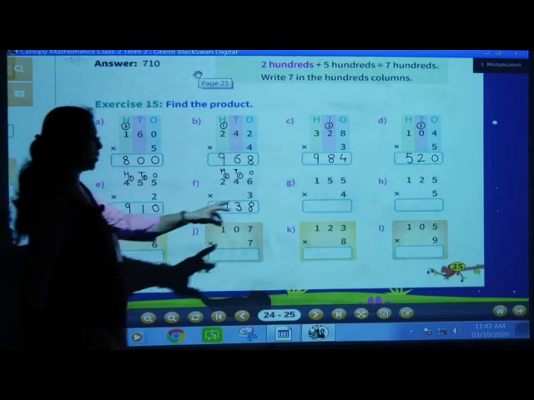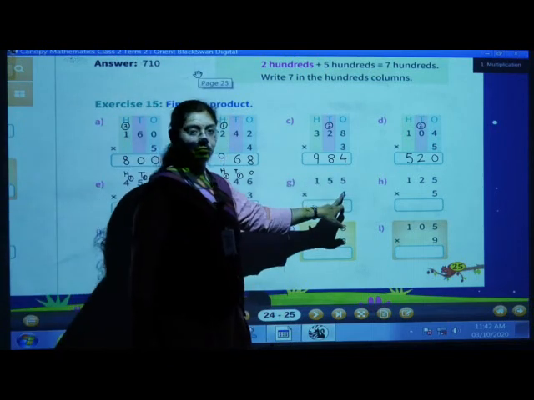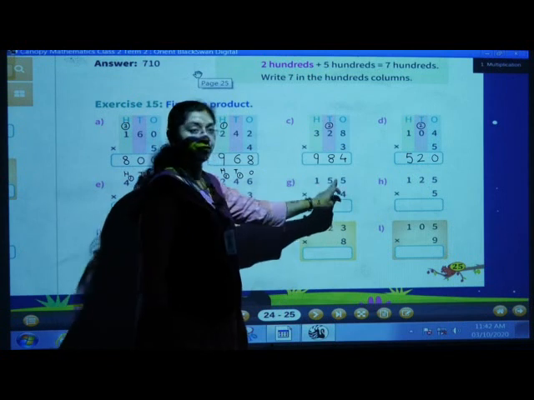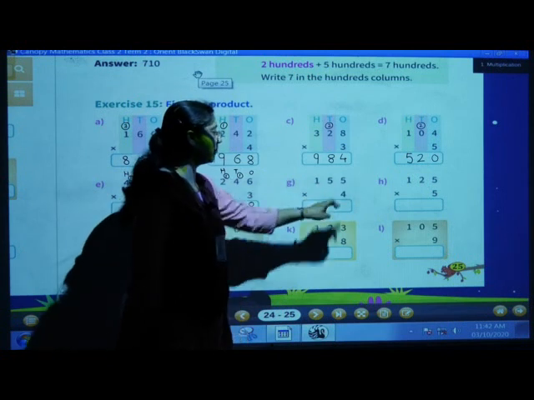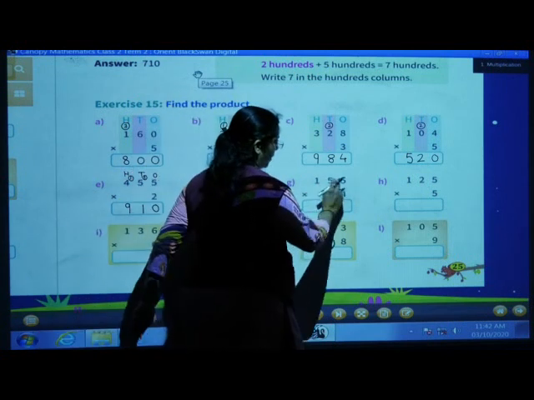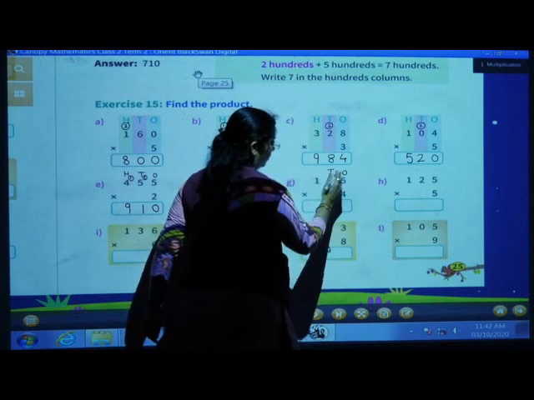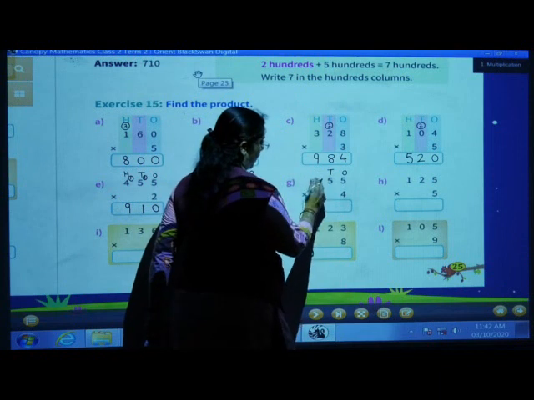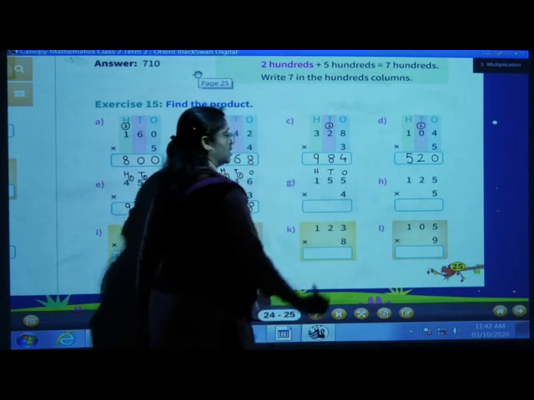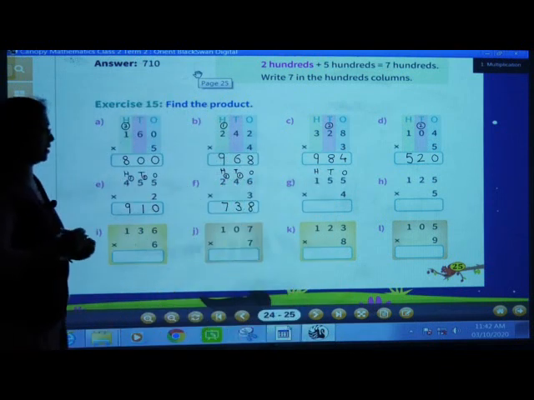Now next number, 155 multiplied by 4. In this number 155, 5 is the ones place, this 5 is the tens place, and this 1 is the hundred place.